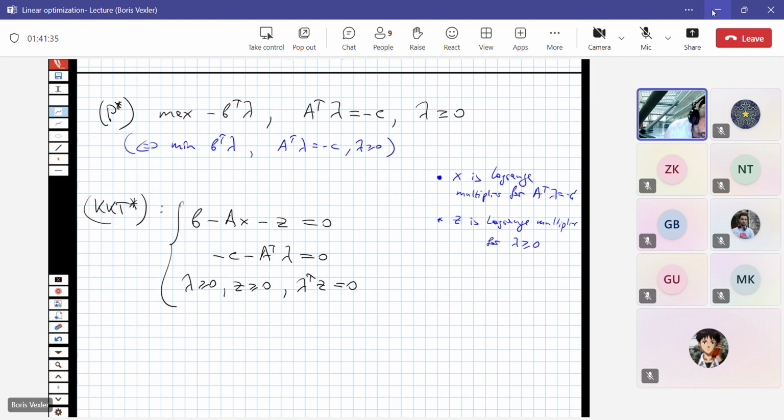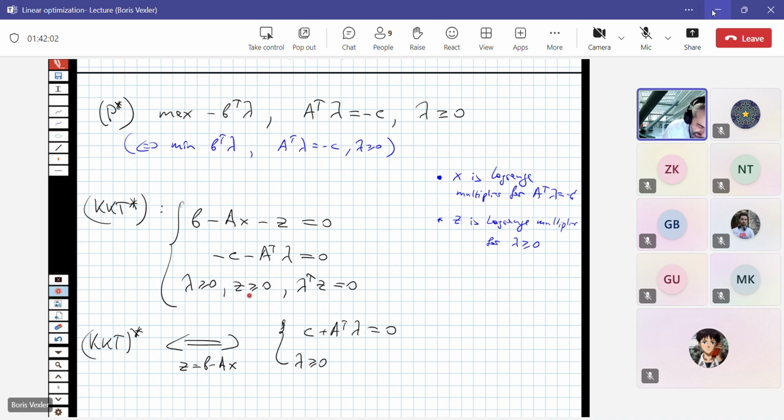Using that z equals b minus Ax, if we throw away z, we have just c plus A transpose lambda is equal to 0, lambda larger equal than 0.